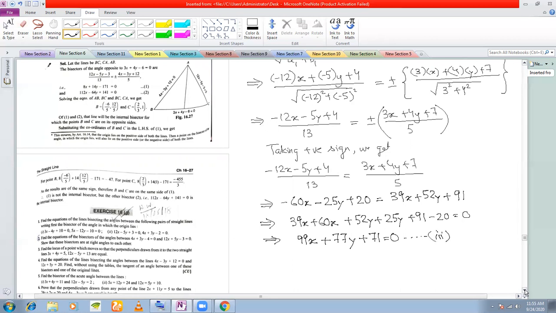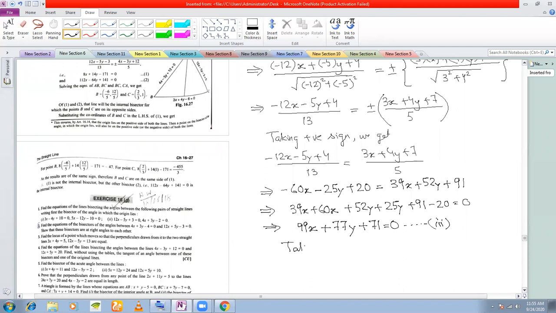Okay. And now we take the negative sign to find out the bisector of the other angle.